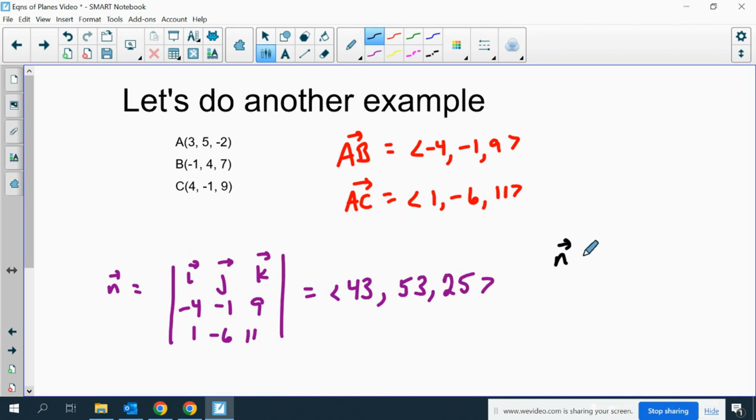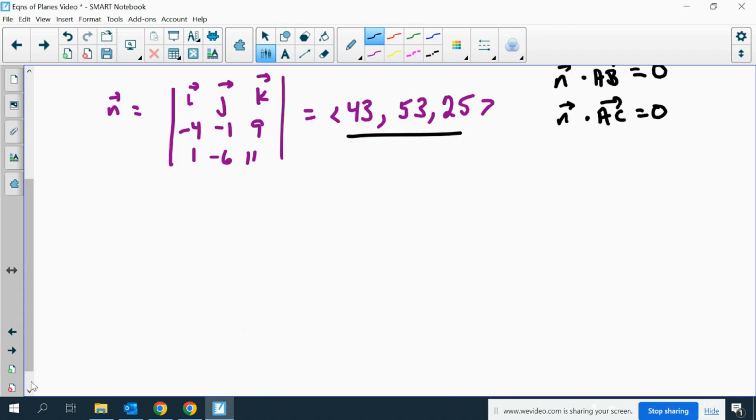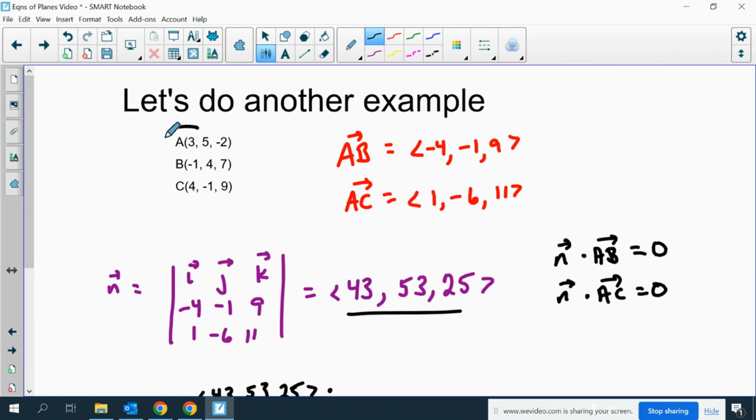If I do the dot product of N and AB and N and AC, or N and any vector that I could make from BC or whatever, it should end up equaling 0. And it does. So then what I finally do is I take this vector and I dot it with a generic vector that includes any of these points.